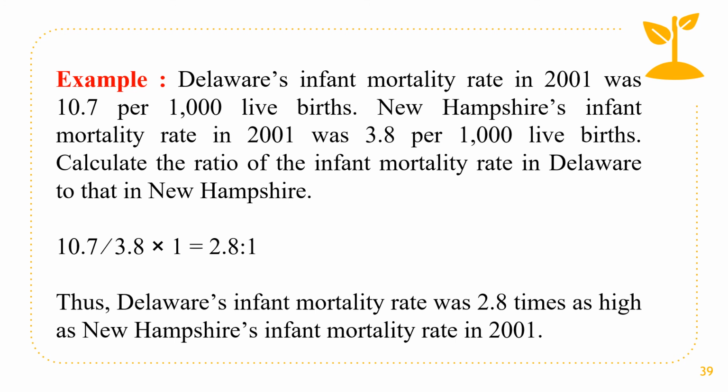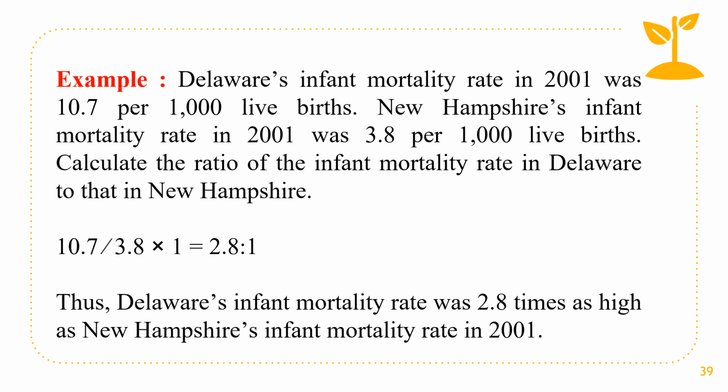Example, number of children with scabies at certain time, number of children with malnutrition at certain time. The second example for the ratio: Delaware's infant mortality rate in 2001 was 10.7 per 1000 live births. New Hampshire's infant mortality rate in 2001 was 3.8 per 1000 live births. Then calculate the ratio of infant mortality rate in Delaware to that in New Hampshire.